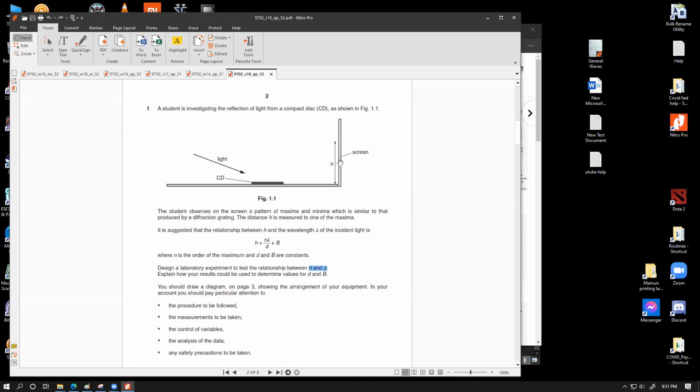You record this. Then you apply a different color light that produces a different pattern where the second maxima would be at a different height. Once again, you're going to detect the second maxima and measure its height so that the n value is always the same. You're not going to choose different maxima. From the pattern, you're going to always measure the height of the same maxima.